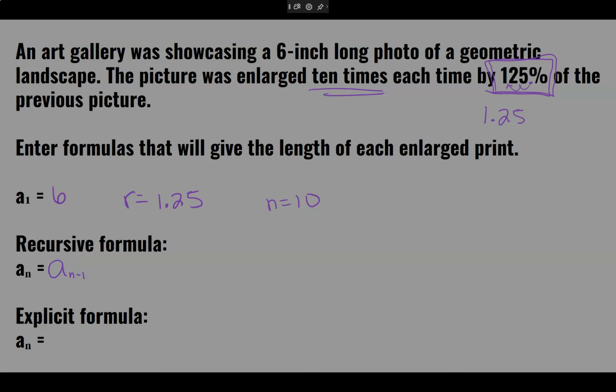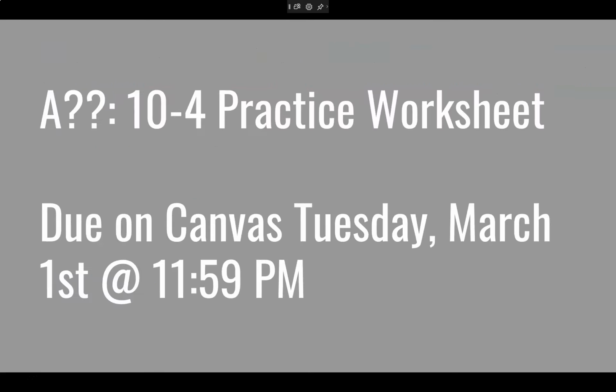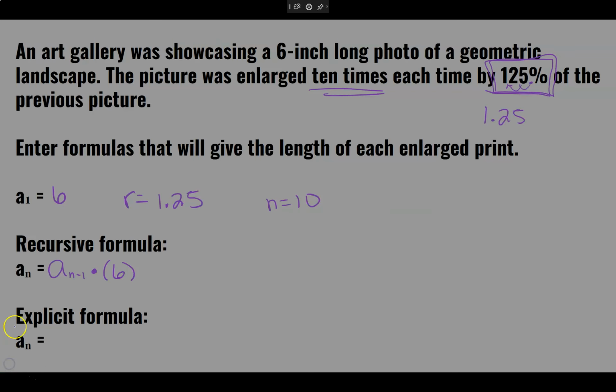Am I going to add the 6 or multiply the 6? Multiply. Good, because geometric is all about multiplying. Multiply it by 6. Hold on, you're right. It's not 6. Just kidding. Yep, 1.25. I did that on purpose.